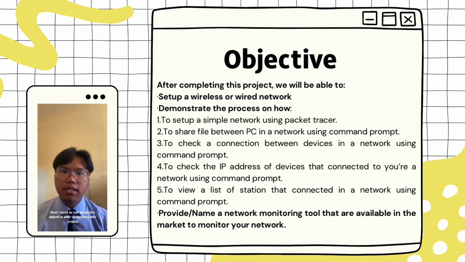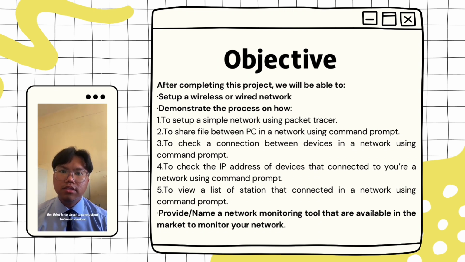After completing this project, we will be able to set up a wireless or wired network and demonstrate the 5 processes. The first one is to set up a simple network using Packet Tracer. The second one is to share files between PCs in a network using command prompt.